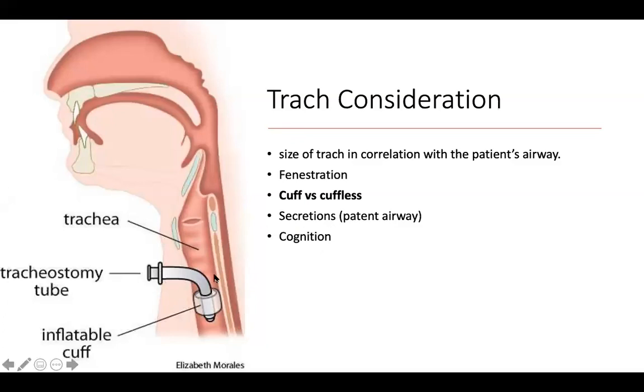Secretions, if the patient has a lot of secretions that it's blocking the airway, then it will lead to the same thing. The air cannot escape freely as well. And cognition, as we said, the patient needs to be alert to express if they're suffocating or if they're desatting or if they're uncomfortable when you're putting that speaking valve on.